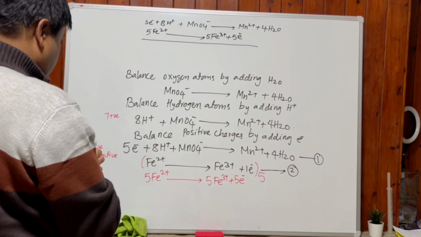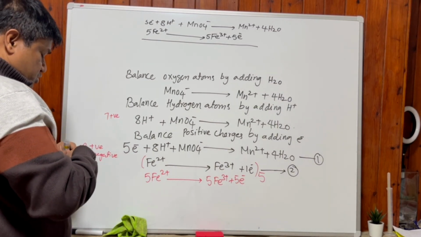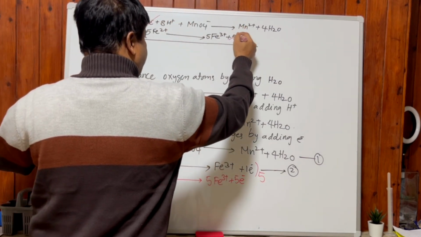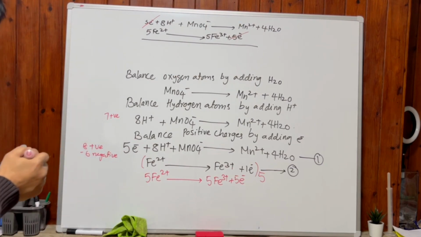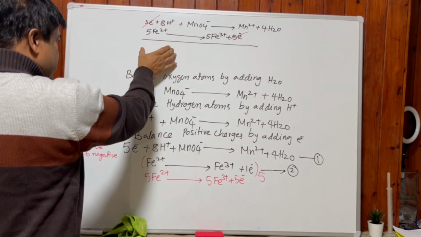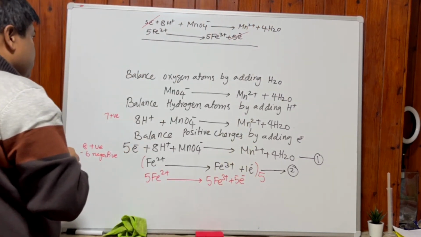Let's see. So cancel electrons. These 5 electrons get cancelled from this side, these 5 from that side, and you can add reactants on the reactant side and products on the product side.